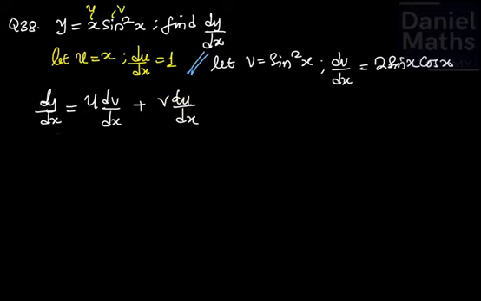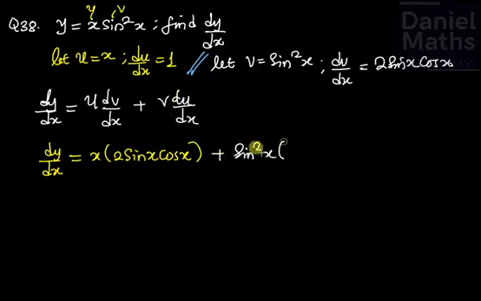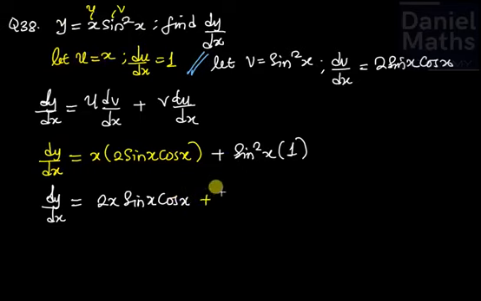If we go ahead to solve that, dy upon dx is equal to our u, which is x, and our dv dx is 2 sine x cos x, plus v, which in this case is sine square x, times du dx, which is 1. Going further, dy upon dx is equal to, expanding this, 2x sine x cos x plus sine square x.